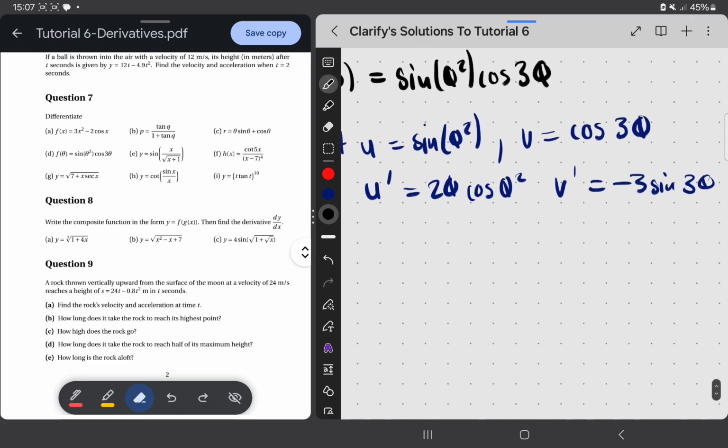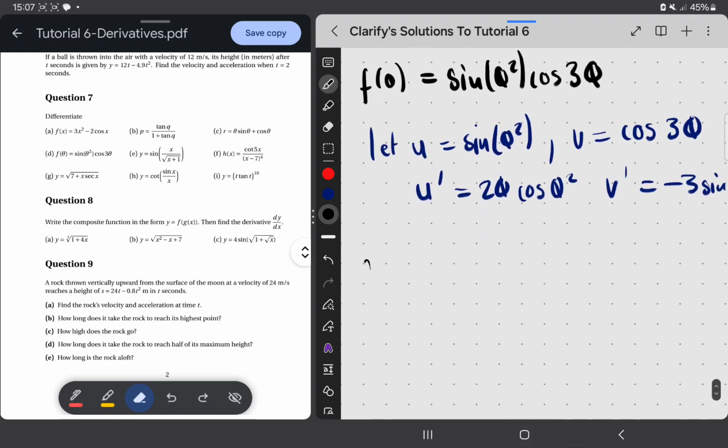So now we can say f prime(θ) is going to be, what is it? The second v times the derivative of the first u prime, plus the first u times the derivative of the second v prime. That is how we differentiate this, because it's the product rule.